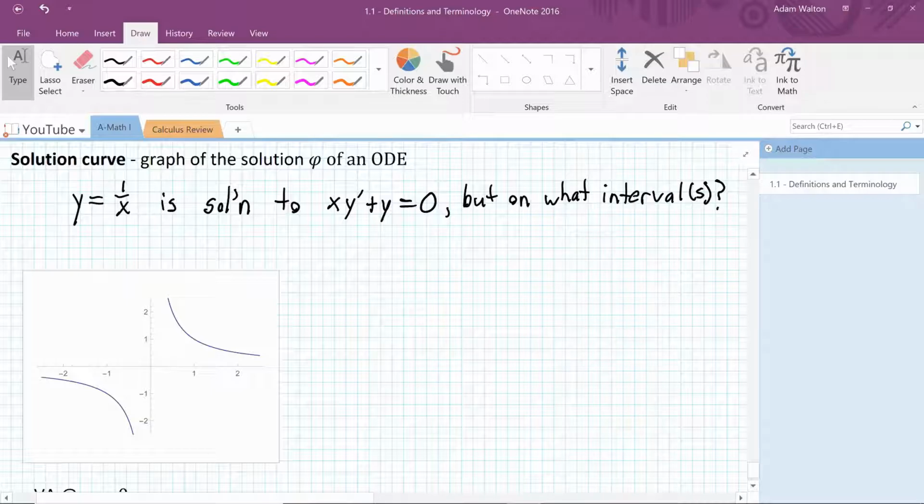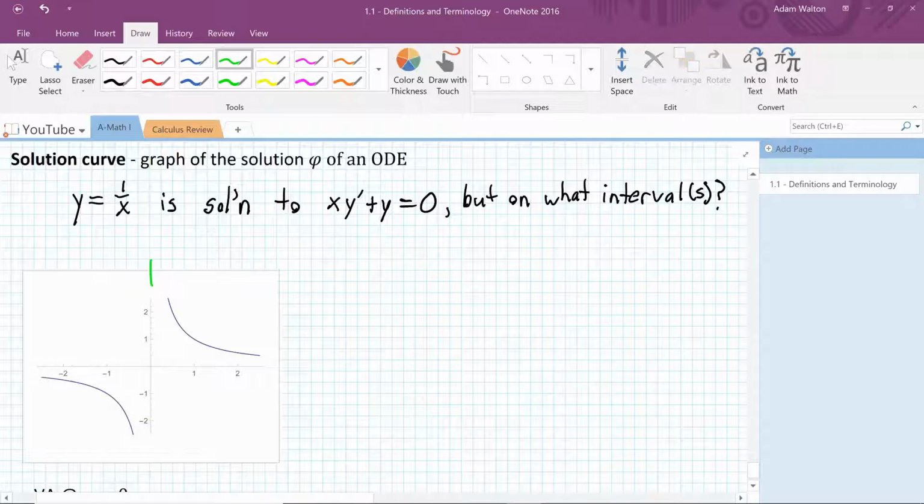So let's consider our solution y equals 1 over x, which again is a solution to x y prime plus y is equal to 0. What are the intervals? From before, one thing that you may have noticed is that both of our functions in terms of x within the solution equation were continuous on negative infinity to infinity, so all real numbers of x is their domain. But for 1 over x, that's not the case.